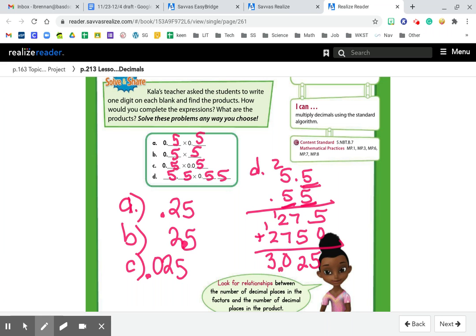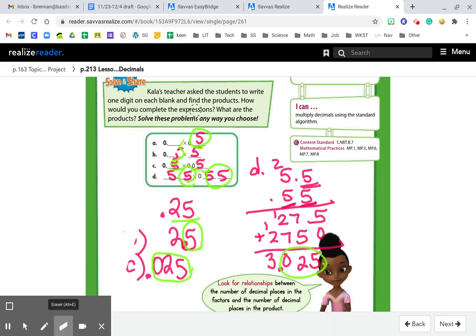So in the product, like A, we have 2 digits in decimal place value in our factors, so we have 2 in our product. In B, we only have 1 digit in decimal place value, so we only have 1 digit in our product. In C, we have 1, 2, 3, so we have 1, 2, 3 in our answer. And in D, we have 1, 2, 3, so we have 1, 2, 3 in our answer.